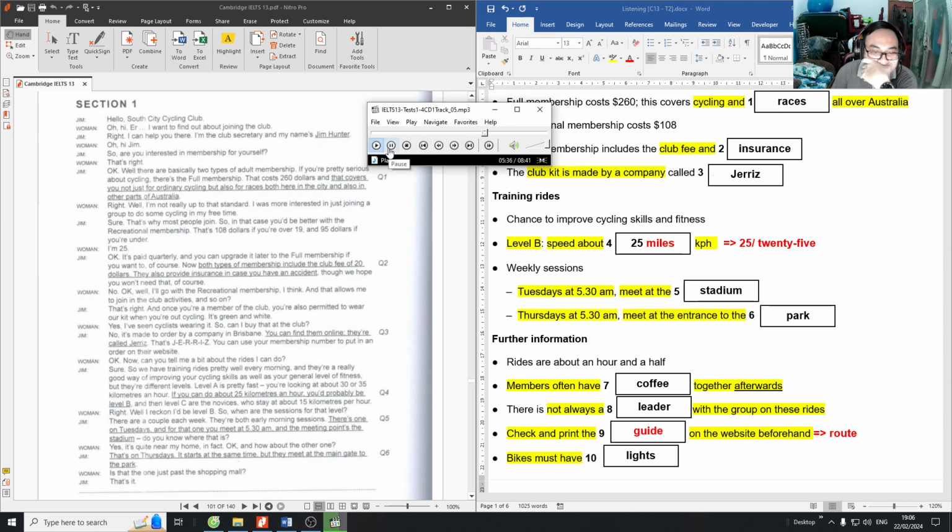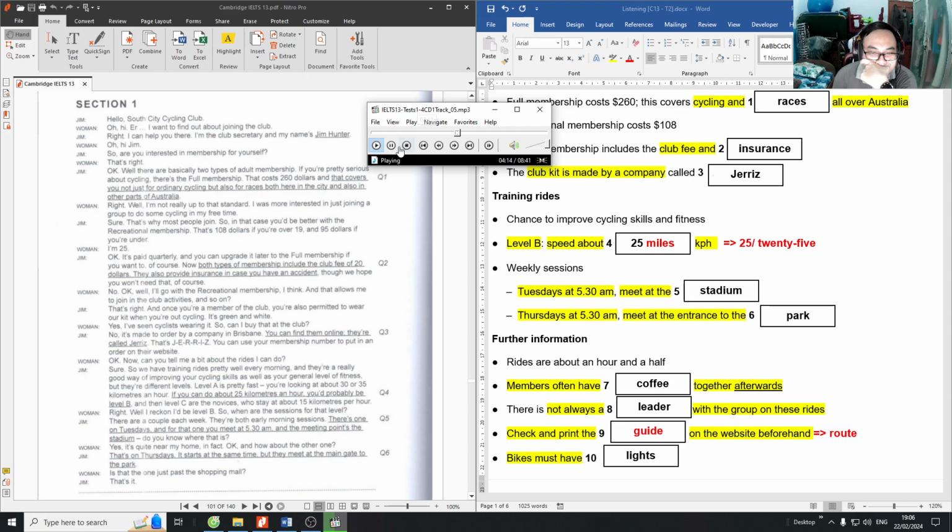Meeting point is the stadium. Novices who stay at about 15 kilometres per hour. And every morning, they're a really good way of improving your cycling skills as well as your general level of fitness. And once you're a member of the club, you're also permitted to wear our kit when you're out cycling.